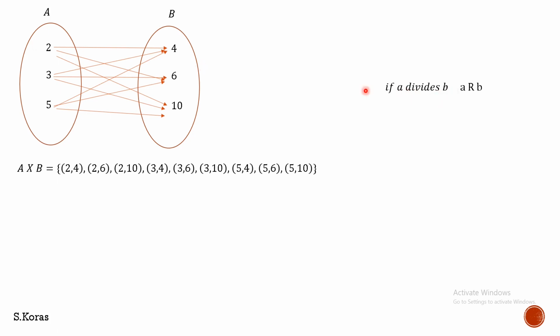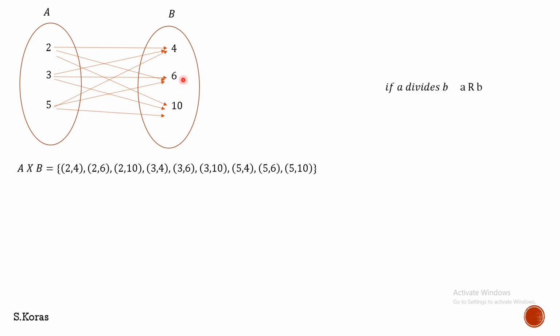For example, now 2 divides 4, so we can select it. 3 will not divide 4, so we should not select this pair. So 2, 4 can be selected and 3, 4 cannot be selected. So in this cross product A cross B, we are using a particular rule, that is a divides b, where small a belongs to the set capital A and small b belongs to the set capital B, right?